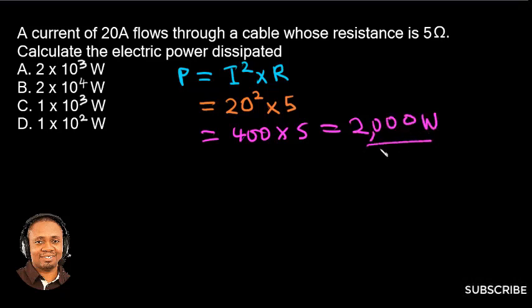Okay, good. Then let's check the answer. The answer option A, 2 times 10 raised to power 3, is the same as 2000 watts. So the answer option A is the right answer.